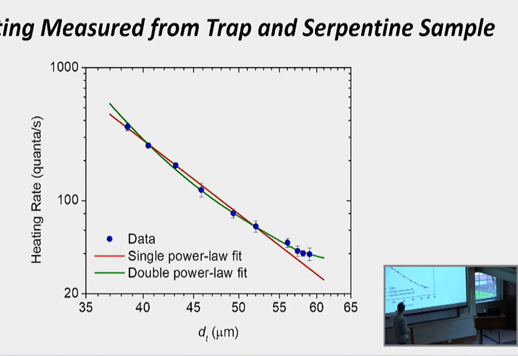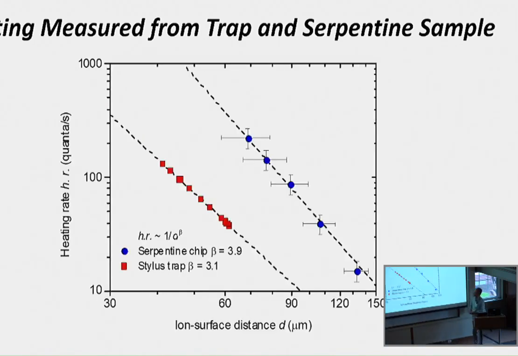So this green one is just the sum of two power laws. And if you believe that this trap had the same dependence, you can subtract them out and see if the numbers make sense. This is just assuming that we have the same distance dependence in the trap that I showed you before, where the samples weren't heating.